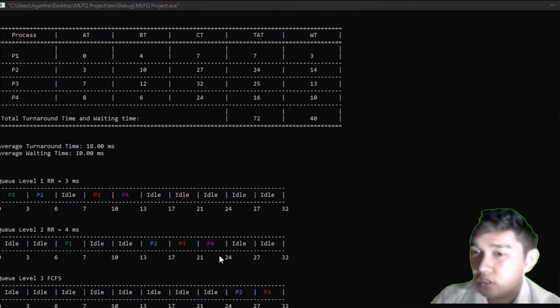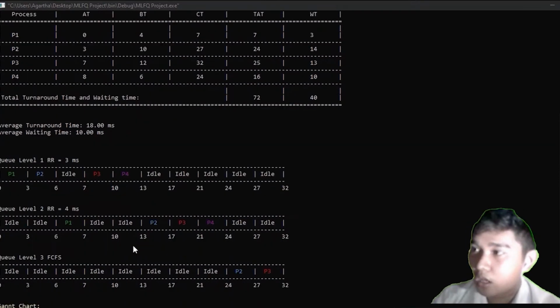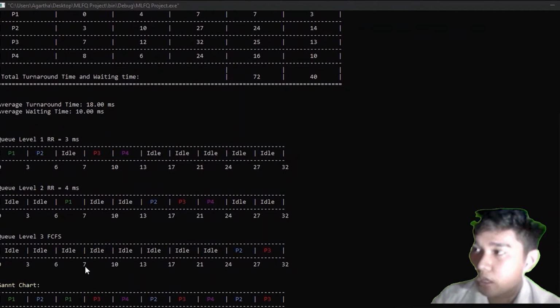Since P4 completes its burst time and there's no process to be executed in Q level 2, we will go now to Q level 3, which is first come first serve. So P2 was the first process to have arrived, since P2 has a remaining 3 milliseconds burst time.